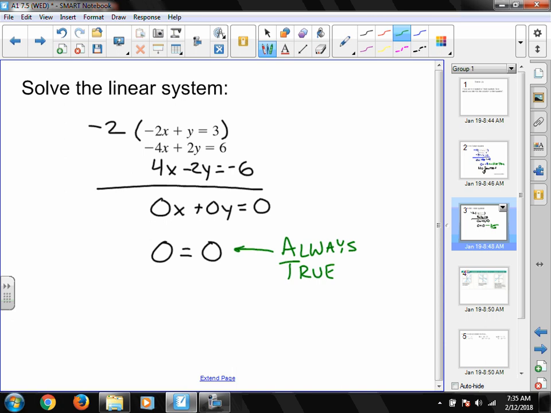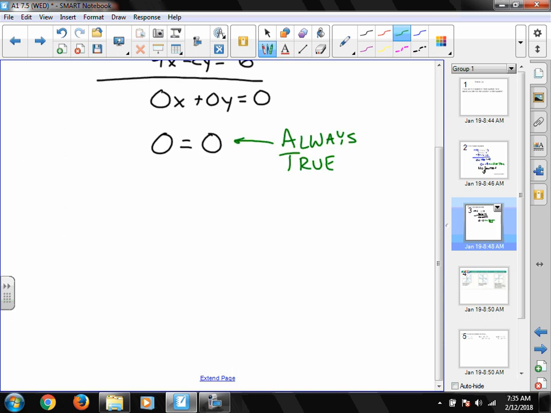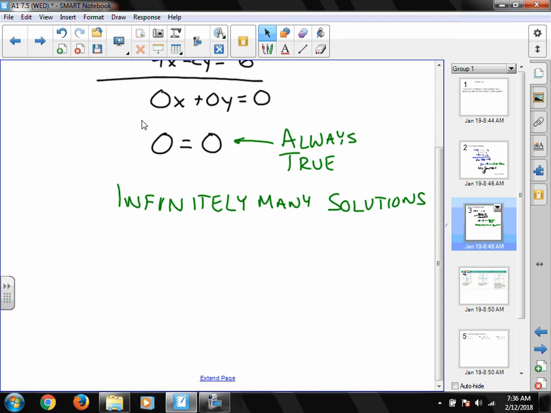This means that we have infinitely many solutions. Really what this is going to look like is that these two lines are the same line stacked on top of each other.